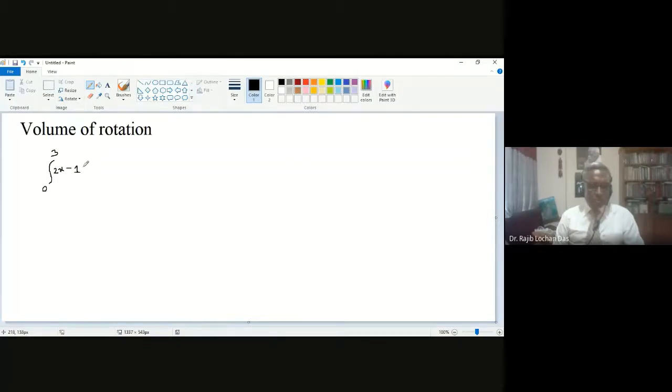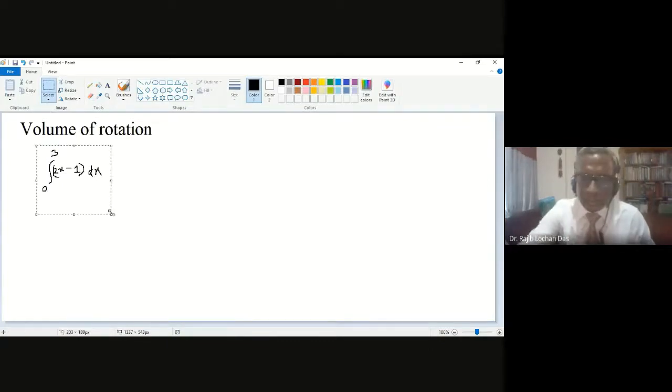Say this is the question. In this case, let me not use the integration symbol right here. Say I'm just writing it as a function.